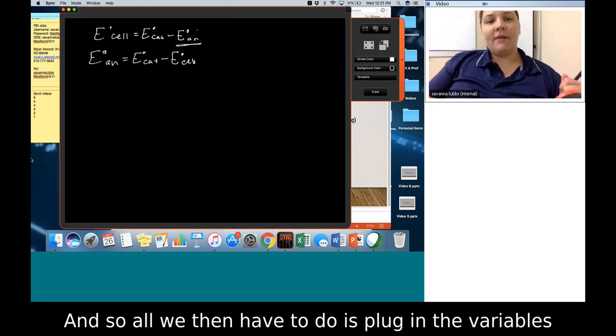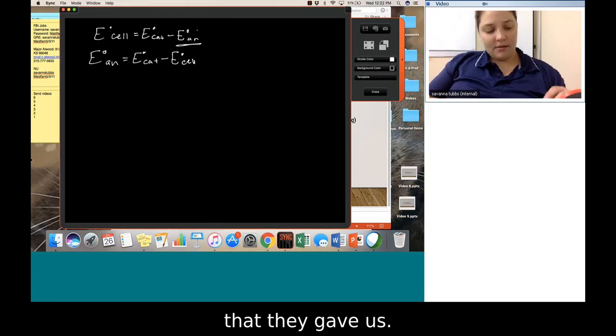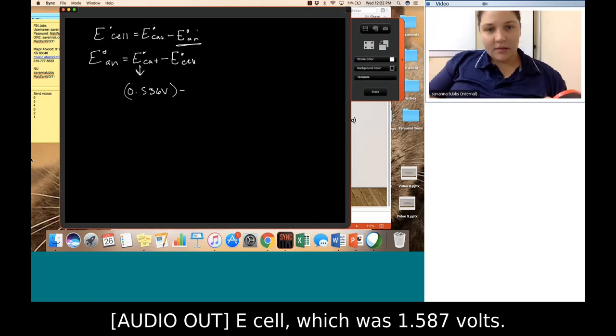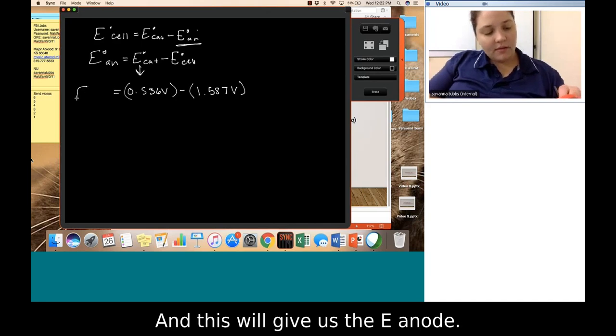And so all we would have to do is plug in the variables that they gave us. So we know that the E cathode is 0.536 volts minus the E cell, which was 1.587 volts, and this will give us E anode.